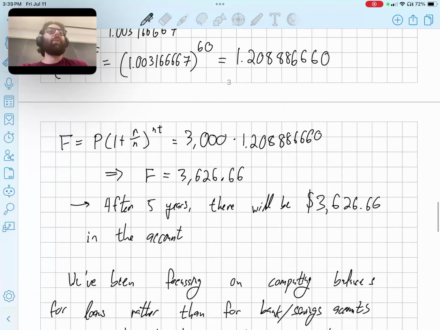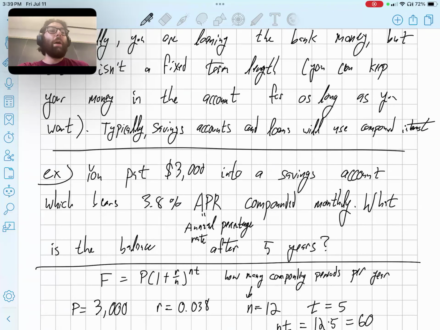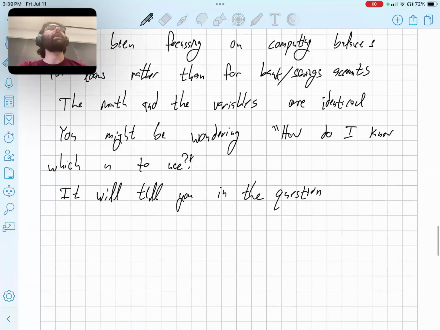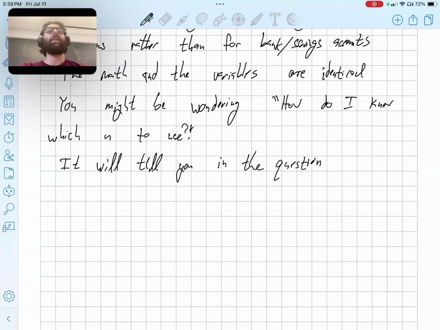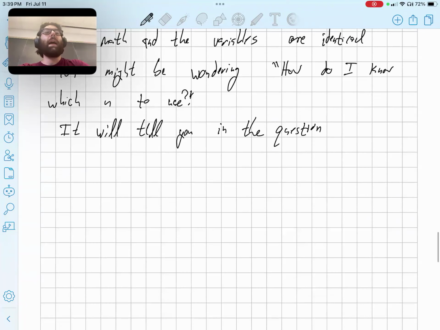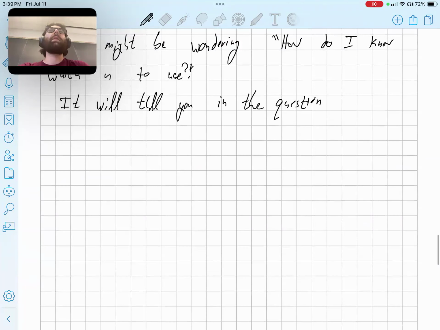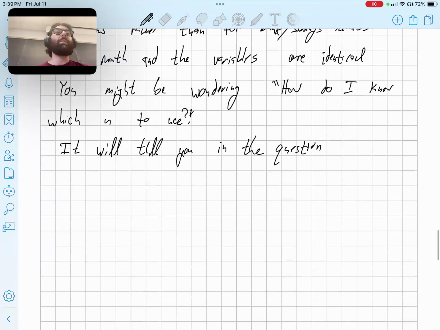It will say compounded annually, compounded monthly, things like that. And then it's your job to say compounding monthly means we're compounding 12 times per year. Compounding quarterly, we're compounding 4 times per year, etc. You have to figure it out from the statement, but you don't have to figure out that it's monthly.